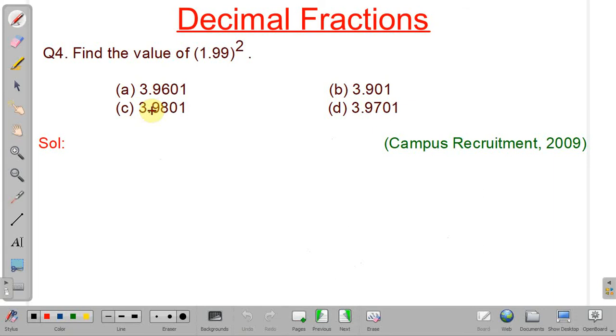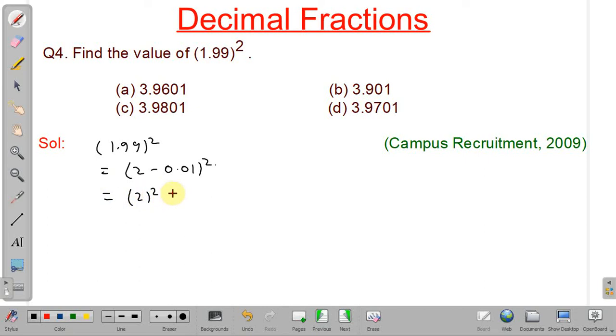In the next problem, we have to find the value of 1.99 whole square. See, if we go on multiplying 1.99 by 1.99, it will take lots of time. So what we do, we express as this form. So 1.99 whole square can be written as 2 minus 0.01 whole square. Now this is a minus b whole square. In that form it is.